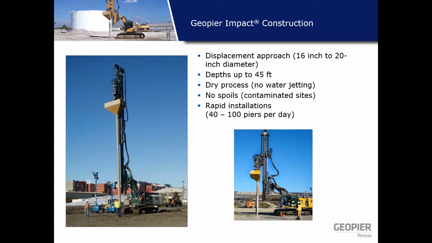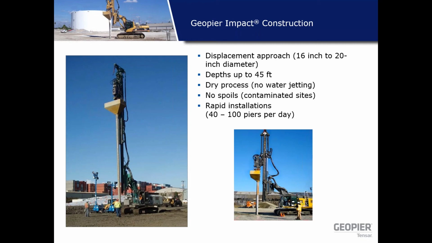Next slide, what you see in front of you is our impact construction. This is a displacement approach. And where do we need the displacement approach? If there are caving soils or shallow groundwater conditions, or let's say we don't want any spoils, this technique can be used, where the hollow mandrel with a hopper attached to it is driven down to the desired depth.